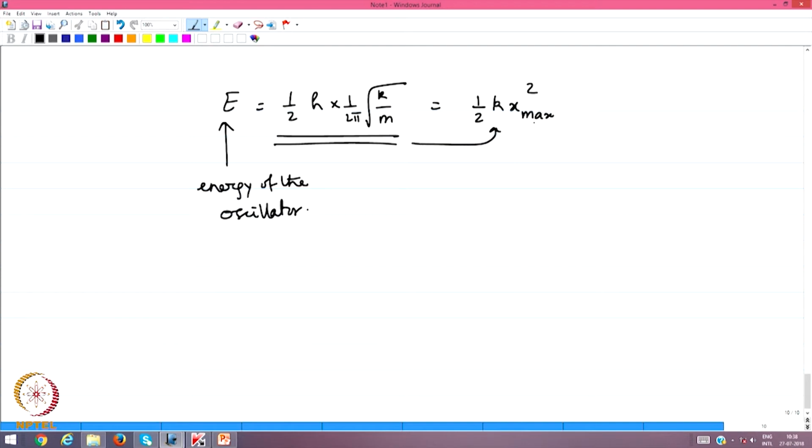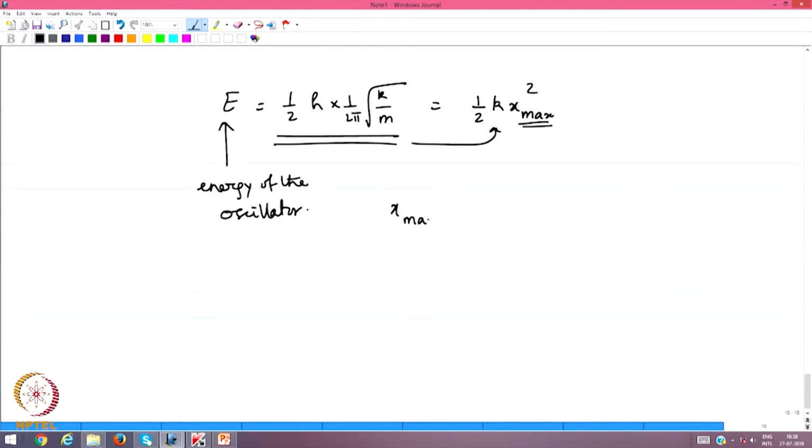If all its energy is potential energy, this is the maximum value of x, but we know that this is not true. This is only an analogy, because a quantum mechanical oscillator has all the x values from minus infinity to plus infinity. You are aware of tunneling and so on. Therefore, here we are simply looking at a limited application, assuming that there is a classical system equivalent to that.